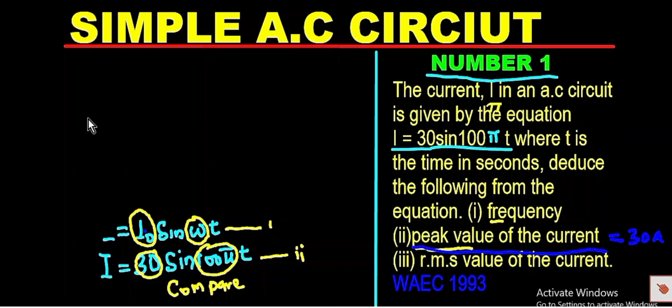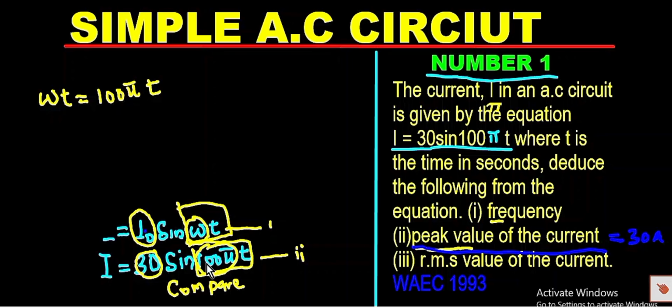I'm going to say that omega t is equal to 100 pi t. You see, I'm carrying everything in front of the sine in the first equation, and I'm equating it with everything in front of sine in the second equation.